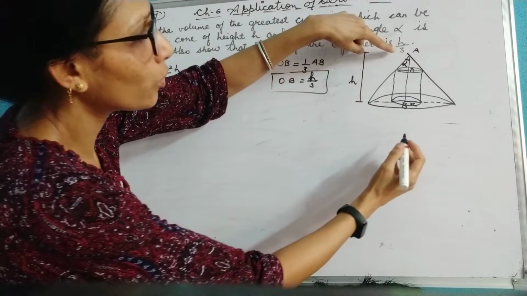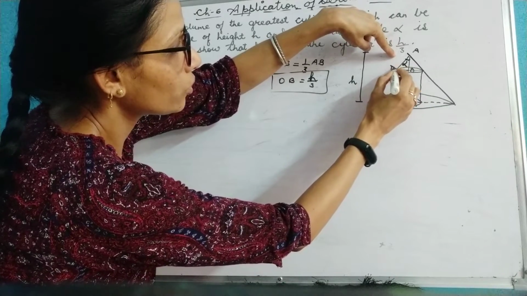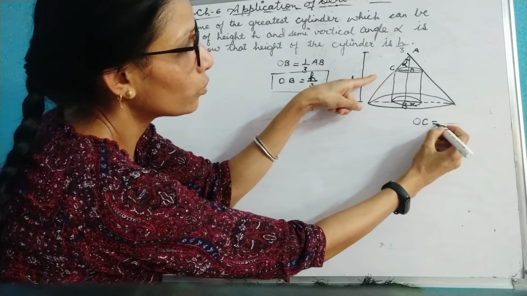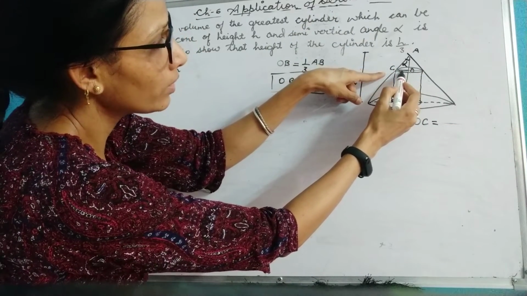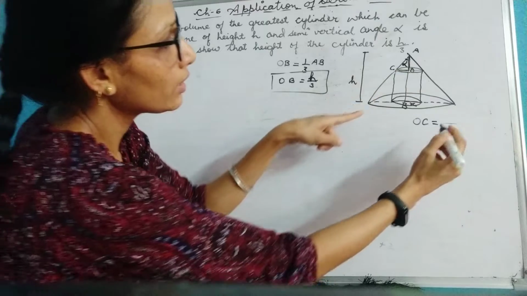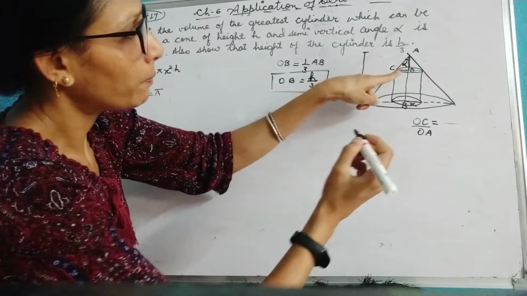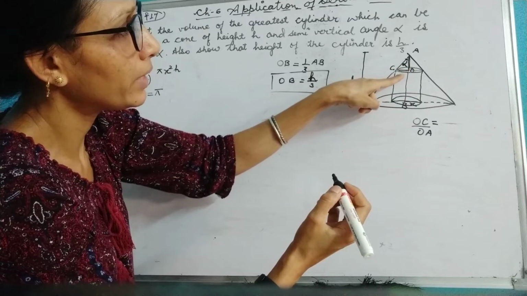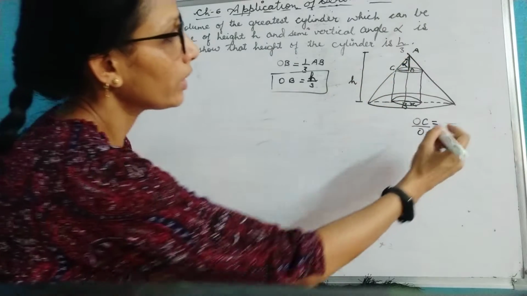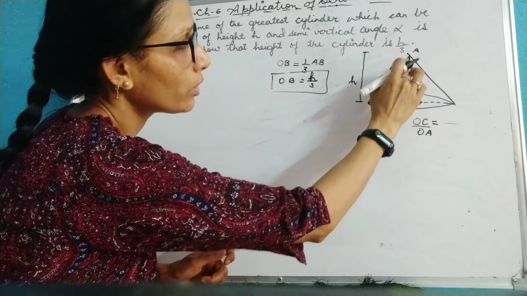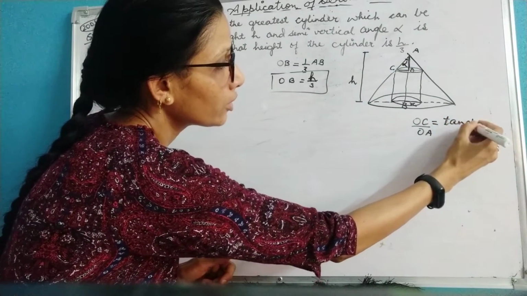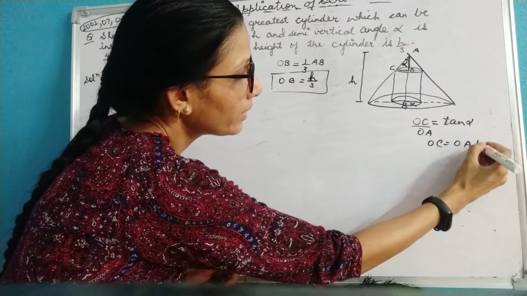So say this is your C. I can say OC, this is perpendicular, and this will be your OA only. So OC by OA, perpendicular upon base. Either you write perpendicular or base, it's your choice. So OC by OA is equal to what? Perpendicular upon base is your tan alpha. So OC equal to OA tan alpha.